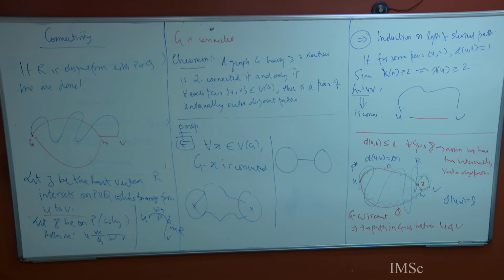Base case holds, right? Because it is at least k minus 1 vertex connected. But you have to be careful. For 2 it was okay, but for 3 itself, what happens in the base case?